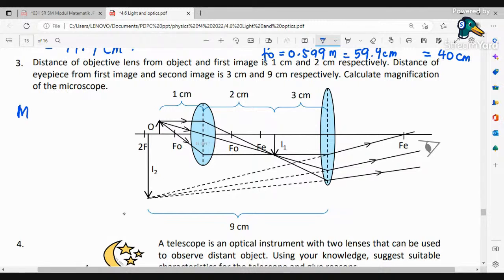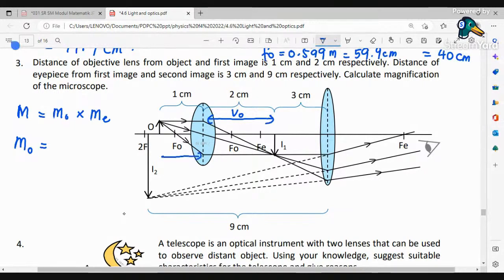Kita ada dua lenses. Means ialah product of magnification of objective multiply magnification of eyepiece. So what is magnification for objective? Okay, kita tengok ni objektif. Ini objektif. So ini adalah untuk objektifnya image distance.